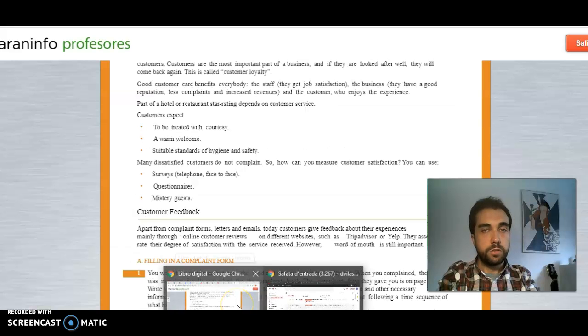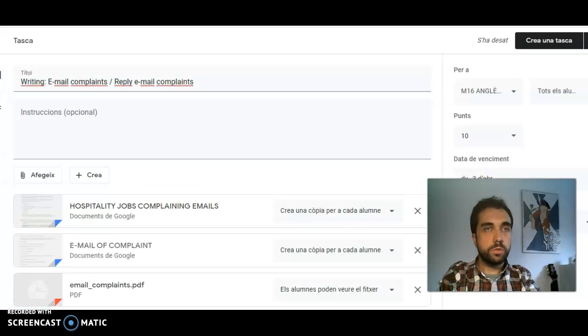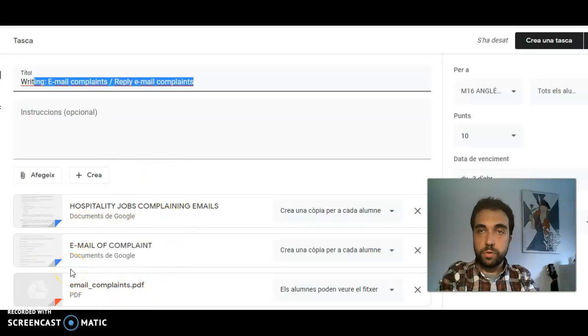If we go back to our Google Classroom, you will see that you've got a new task, which is writing an email. You've got a couple of documents where you can check at home, very peacefully, how it works: how complaints and emails are written, useful language, vocabulary.